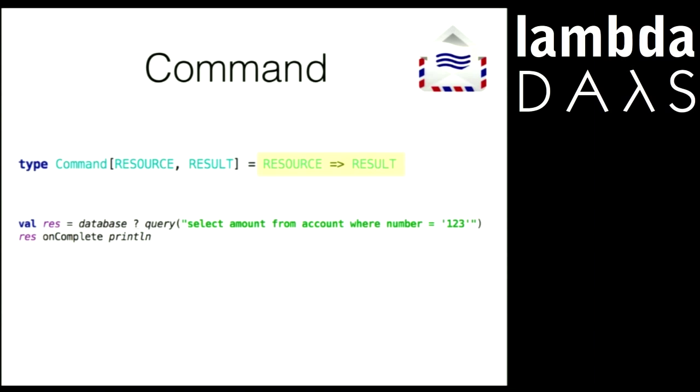I just created a command type as an alias. And now if we wanted to call our facade actor, I called our facade actor database in this case, we could just do something like that. We could just use the ask pattern and send some sort of command to it.